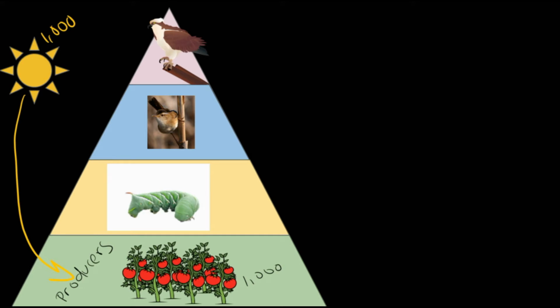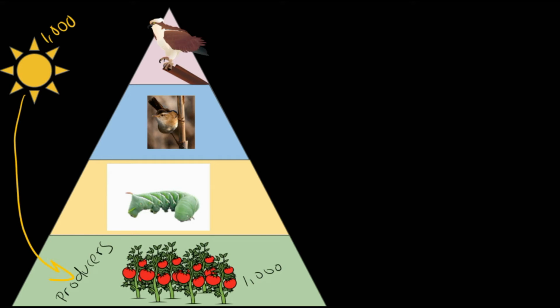Like we mentioned before in our classes, not all of the energy is going to move up to the next level, because the organisms that currently have that energy use it for daily activities such as growing, running, reproducing, and those other sorts of activities. So only 10% of the energy ever moves up to the next level.